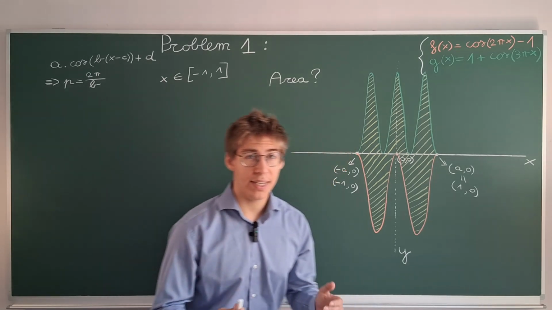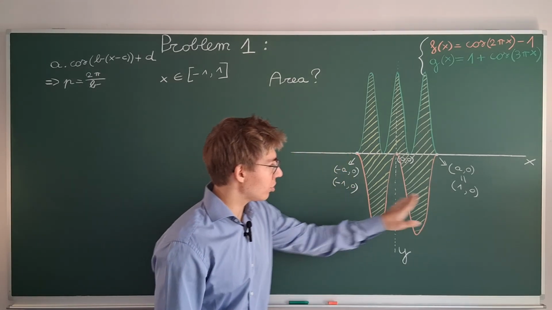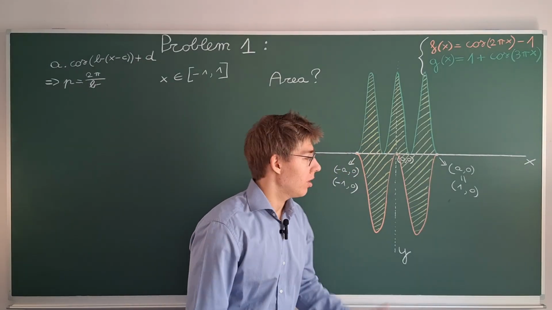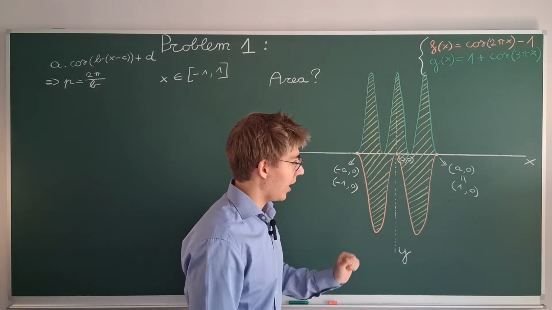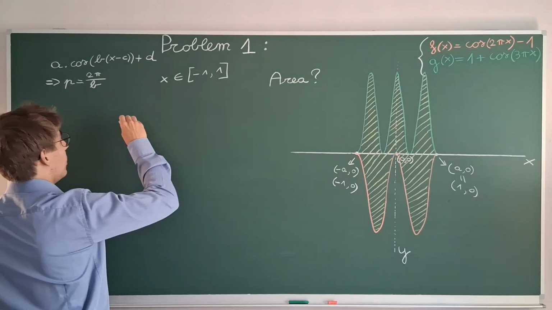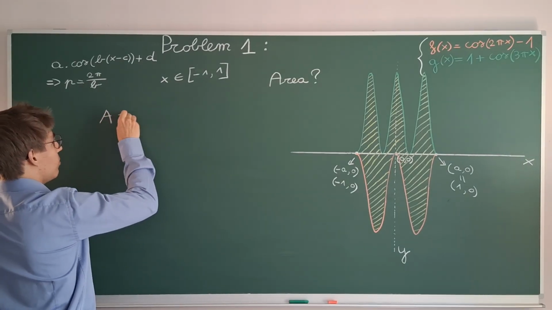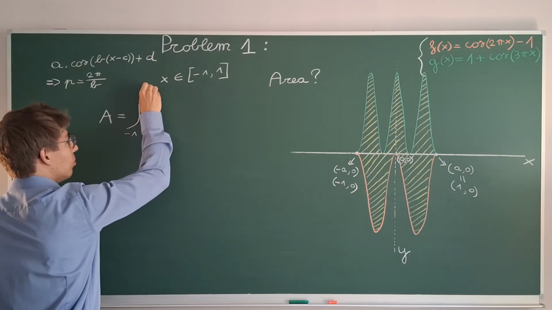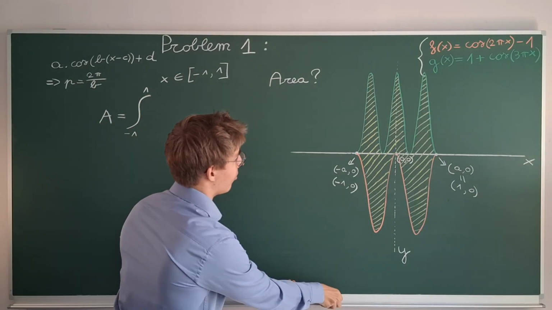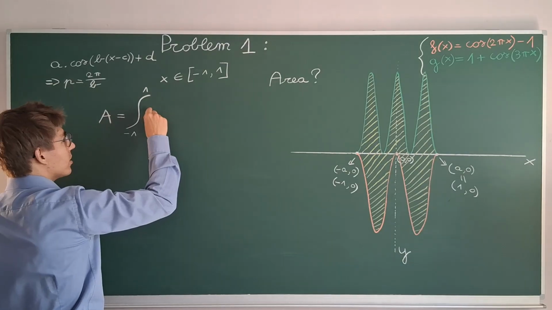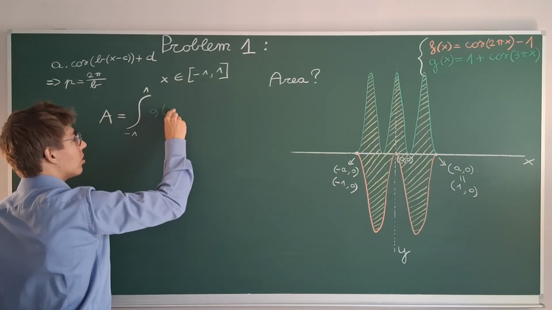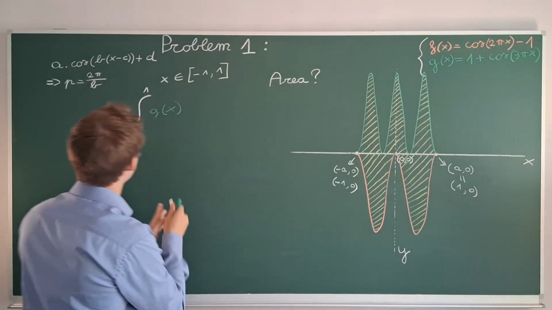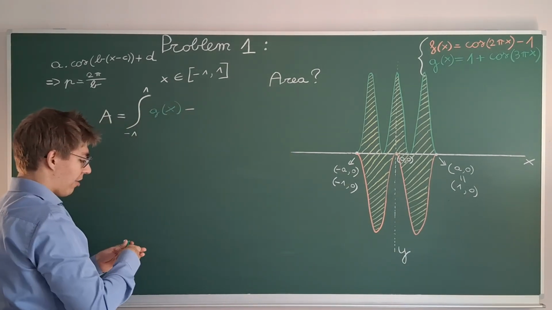So now we know that the integral from minus 1 to 1 takes the area under a function. But in our case, we want the total area, so we will take the area is equal to the integral from minus 1 to 1 of g of x, which is the upper function, minus f of x.